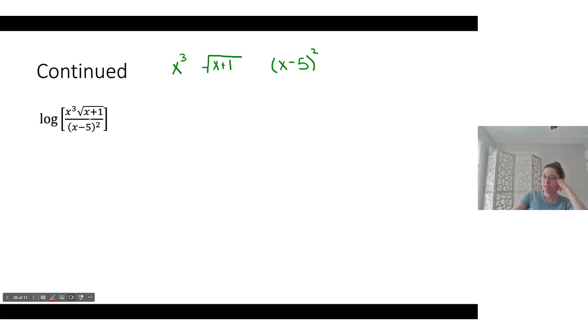So to start, let's get rid of the division since everything's being divided. We get rid of division with subtraction. So this would be log of x cubed times the square root of x plus 1 minus log of x minus 5 squared.